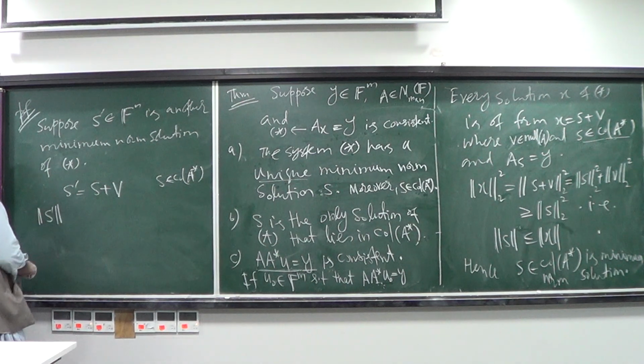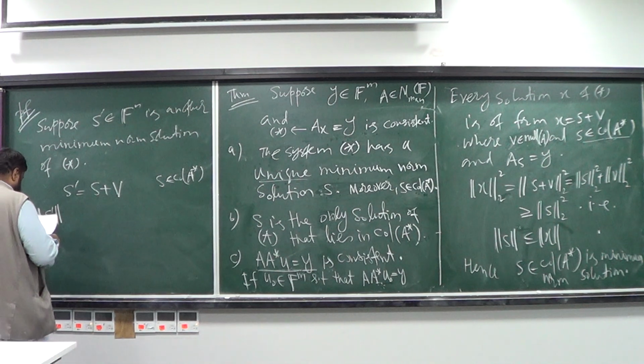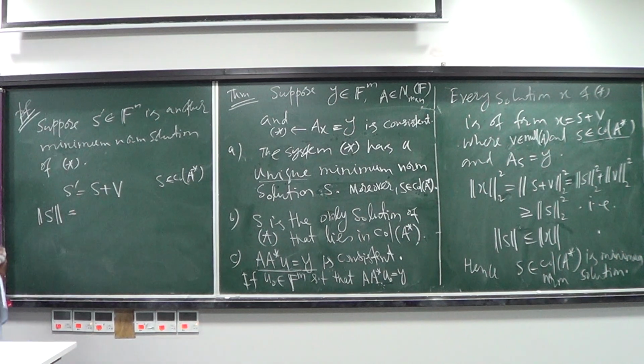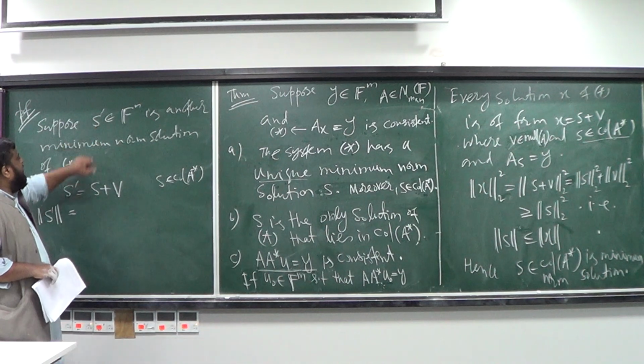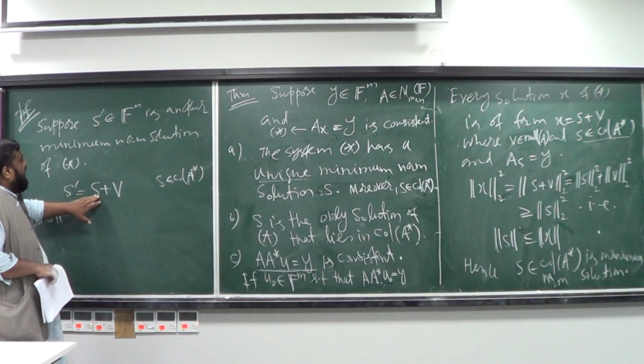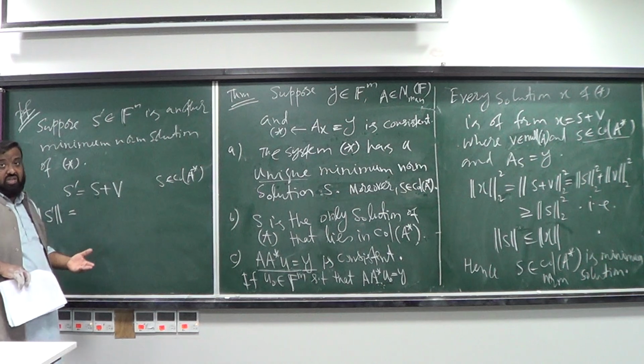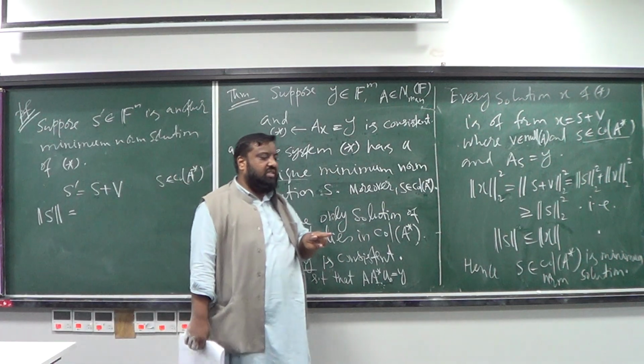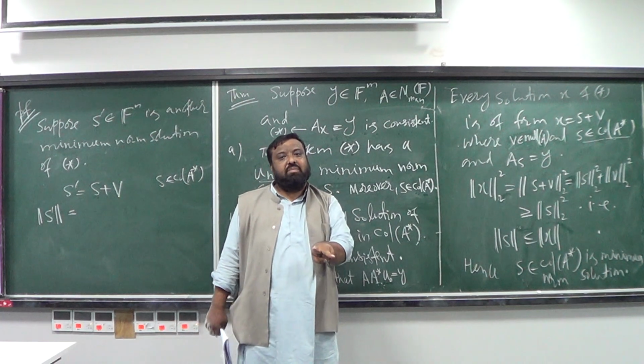So if we take, for example, the norm of s prime, since the norm of s prime and the norm of s are the minimum, they must be the same. Their magnitude must be the same actually.